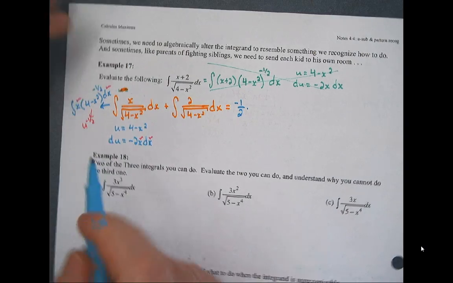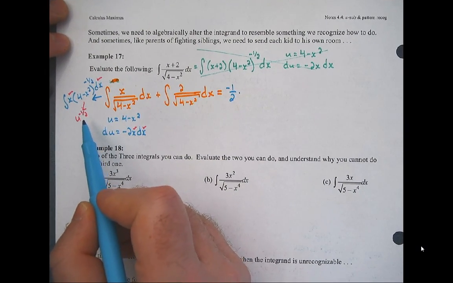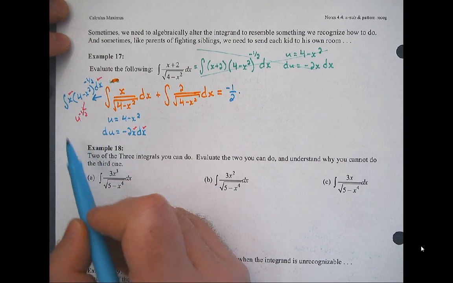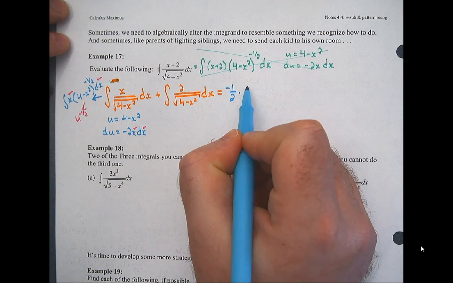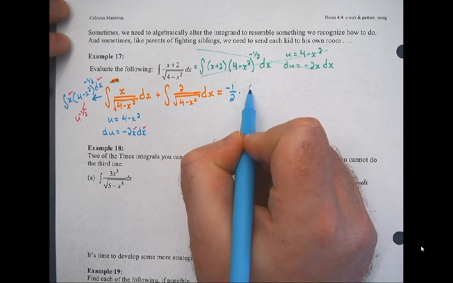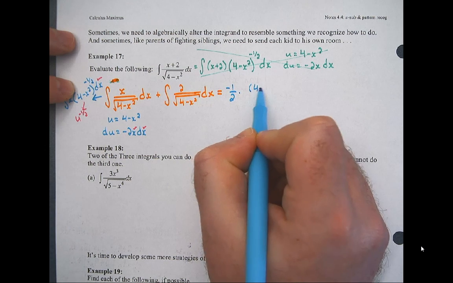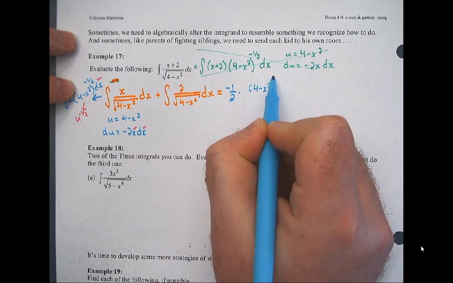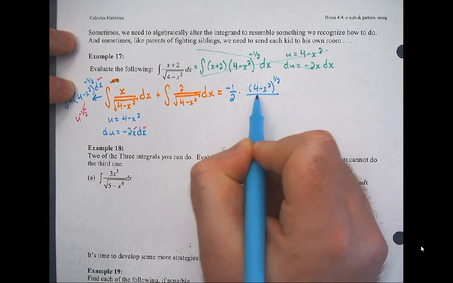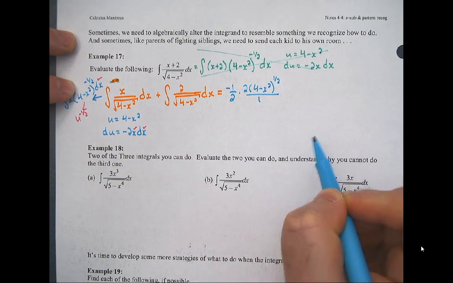The integral of u to the negative 1/2 is u to the 1/2 divided by 1/2. So for us, that's 4 minus x squared to the 1/2 divided by 1/2, which means flip and multiply.